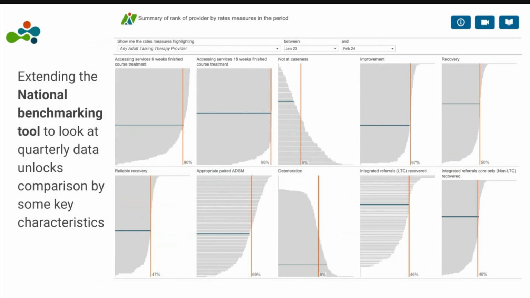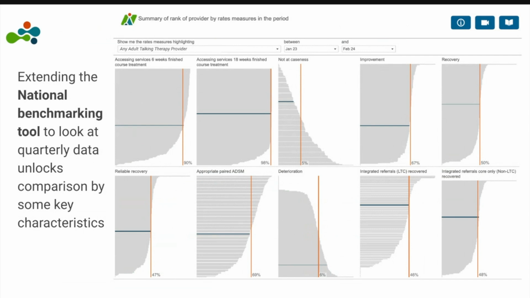So we're looking into extending this benchmarking workbook to include that quarterly data as well, so that you are able to look for your service and filter by, say, different age groups or ethnic categories, and compare against other services throughout the country, because this is all publicly available data, so we're fine to do that. So that's an exciting piece of work, which again we hope could be really helpful in informing discussions around health inequalities, which is what all of this is about.